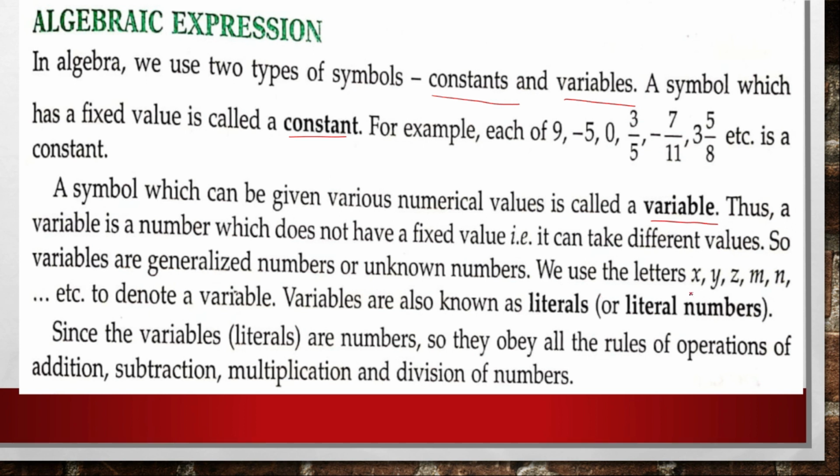We use the letters x, y, z, m, n, the alphabets, to denote a variable. These variables are also known as literals or literal numbers. Since variables are numbers, they obey all the rules of operations of addition, subtraction, multiplication and division of numbers.